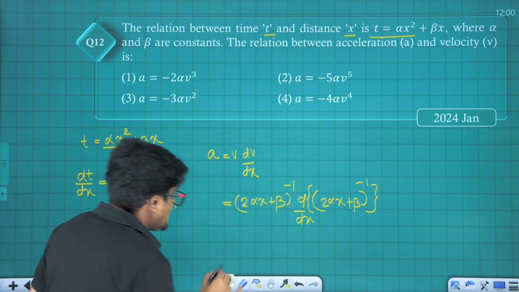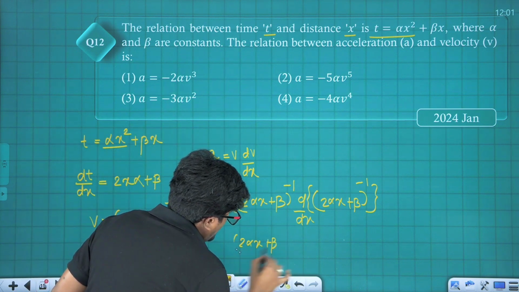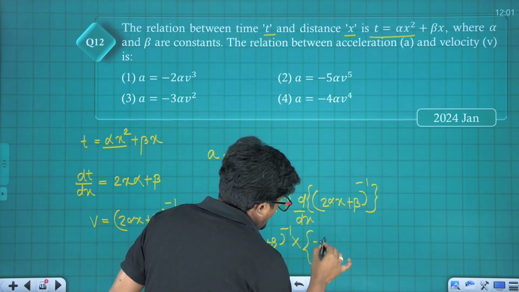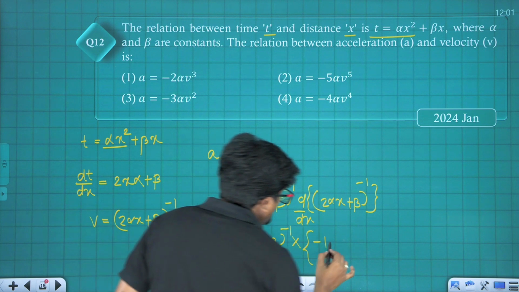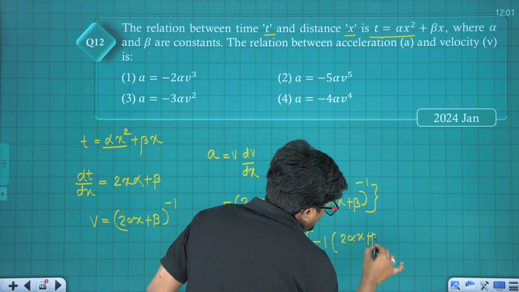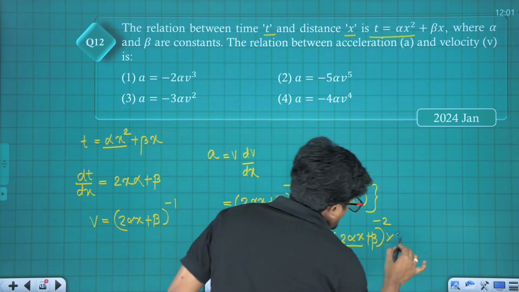And here I am going to get 2 times alpha into x plus beta raised to minus 1, into differential of this, which is minus 1 into 2 times alpha into x plus beta raised to minus 2 into 2 times alpha.